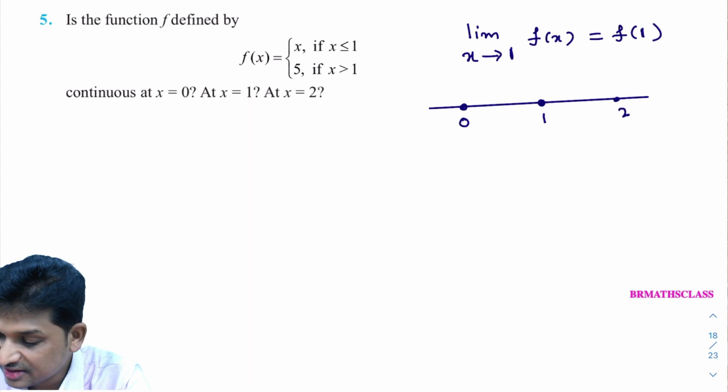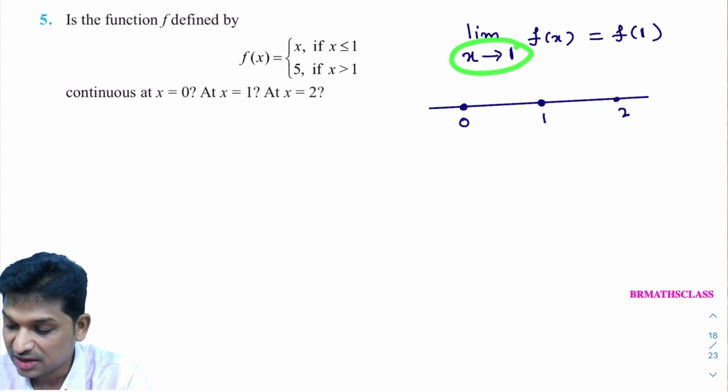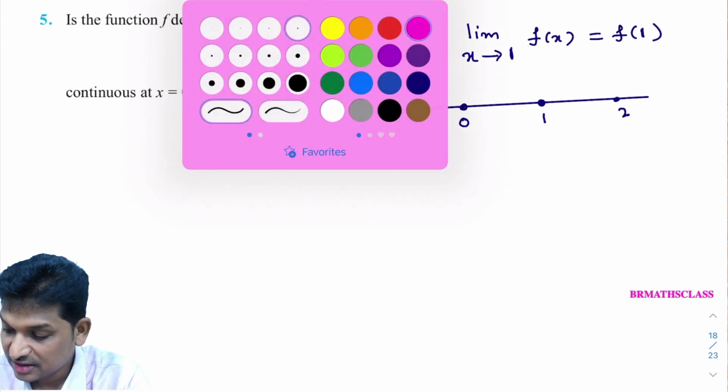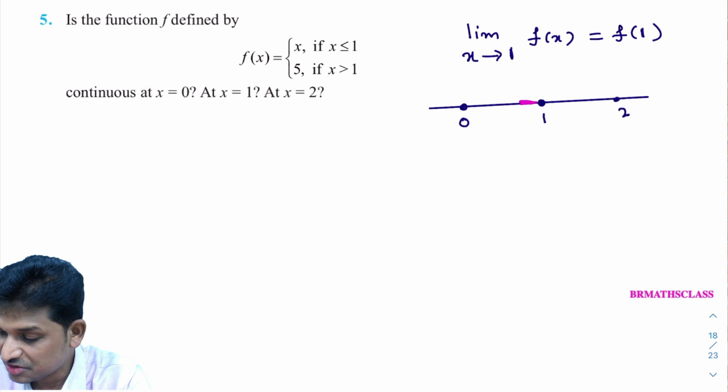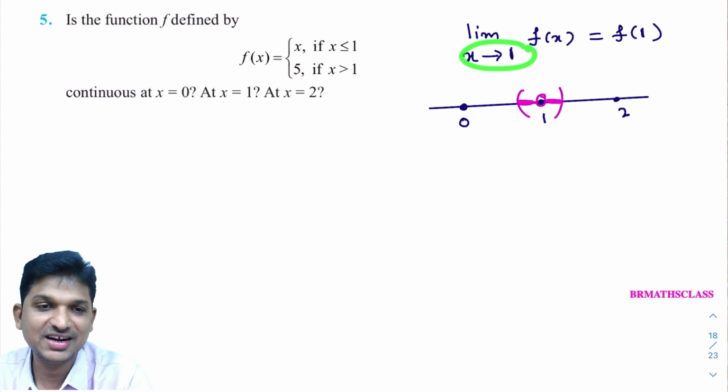See this zone, all x values are slightly less than 1 or slightly greater than 1 but not 1. Here 1 is not included, this pink colored part.